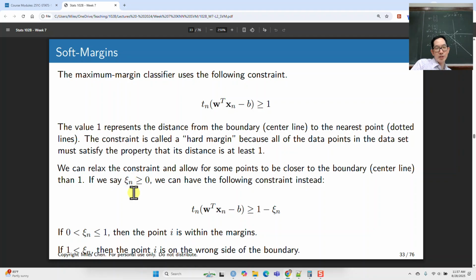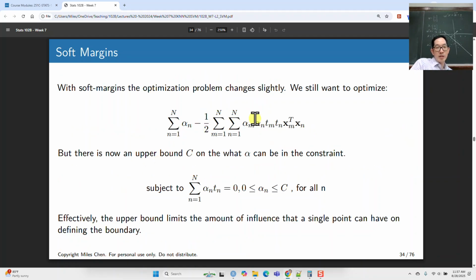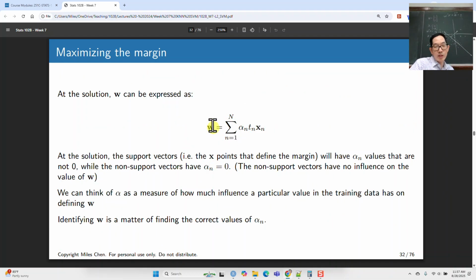What is this? What should this be? Okay, so basically, we have all of this, the same kind of problem, but now we're going to put an upper limit on what this alpha can be. So alpha is like how much influence a single point can have, and we're going to place an upper limit on this one observation. Remember what w is, okay?